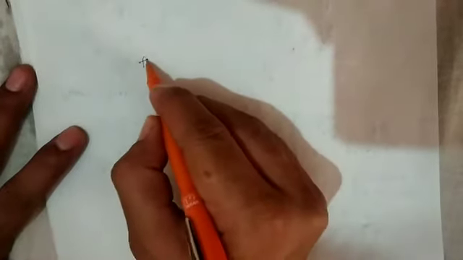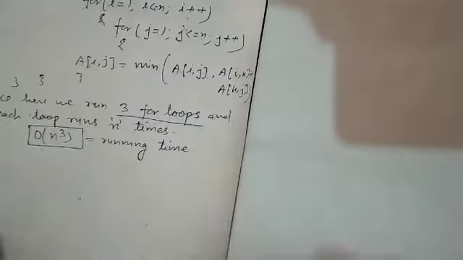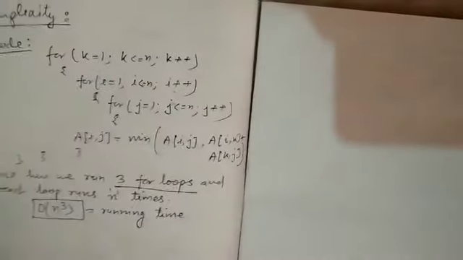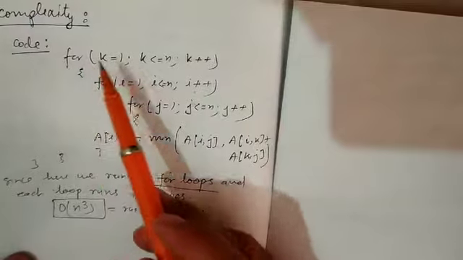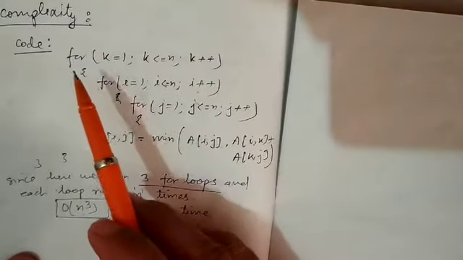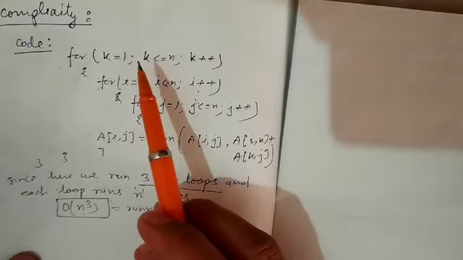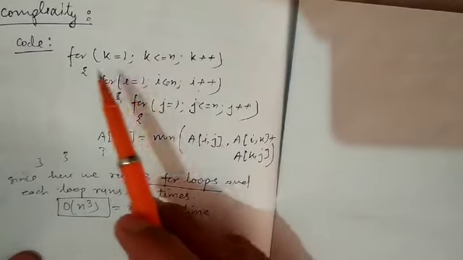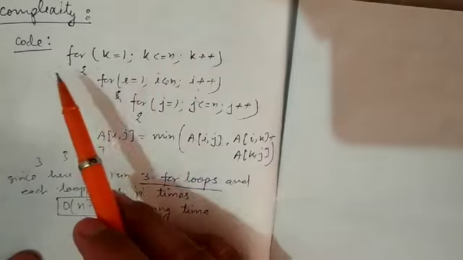Just see here, in this algorithm we are running 3 nested loops. The first loop is for the kth matrix: k equal to 1 calculates A1, k equal to 2 calculates A2, k equal to 3 calculates A3.